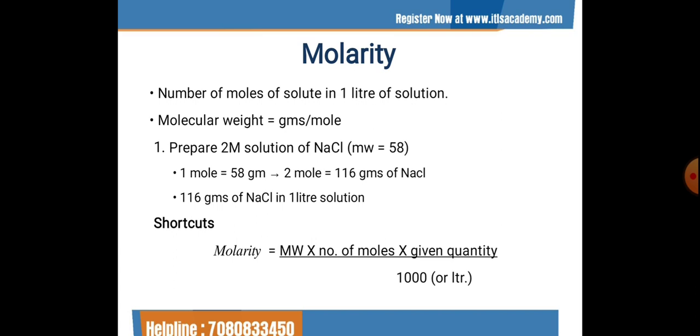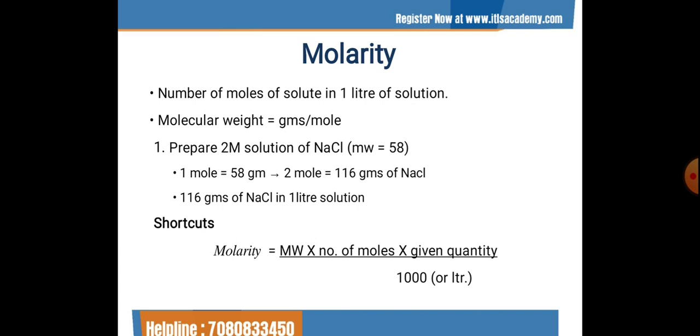Molecular weight can be easily calculated by simply adding the atomic masses. By adding the atomic masses of sodium and chlorine, we get a molecular weight of about 58.